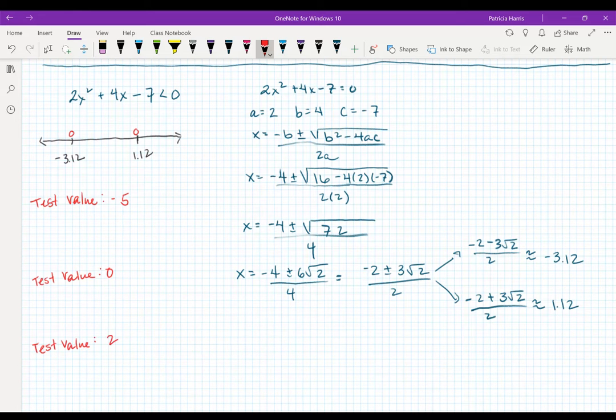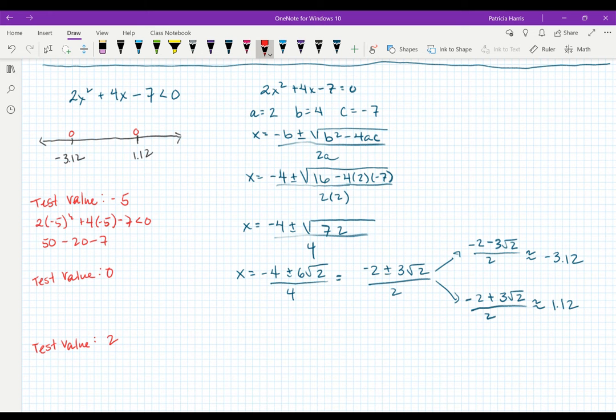Okay. So now 2 times -5 squared plus 4 times -5 minus 7. I want to know if that is less than 0. So let's see. That would be 25. 25 times 2 is 50, -20 minus 7.